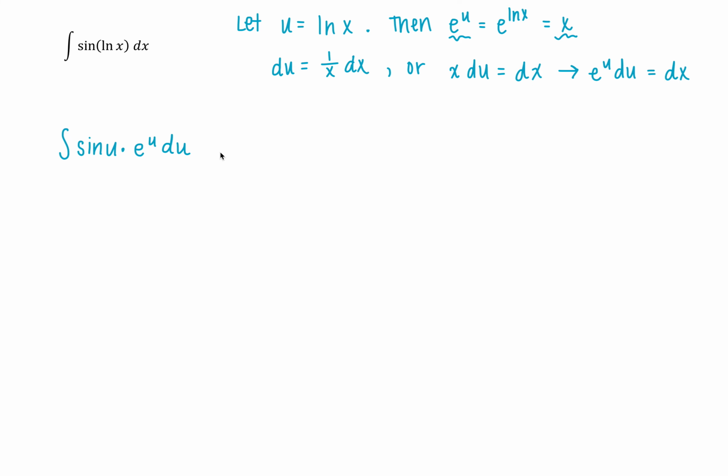We can call them m and n, and it's just as fine. I'll do that. So I'm going to let m be sine u. And if m is sine u, then m prime would be cosine u. And n prime would be e to the u, so n is e to the u as well.